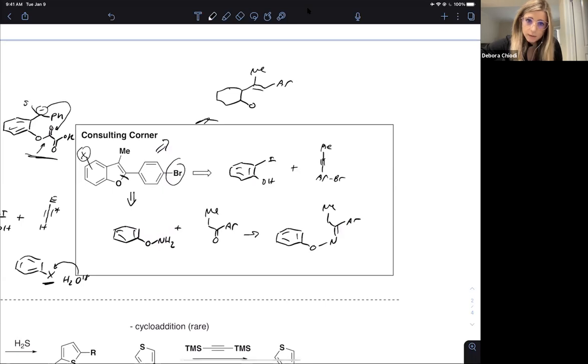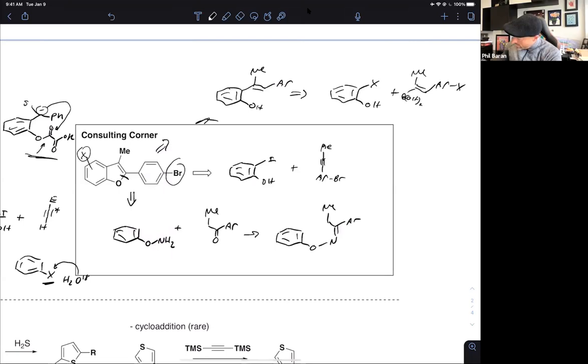Yeah, and then re-aromatize because you eliminate HI. For example, that? Yeah. Well, again, I'm Larock blocked.